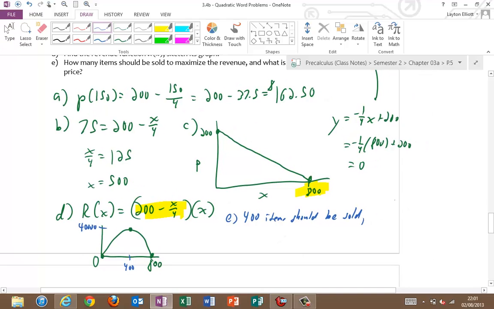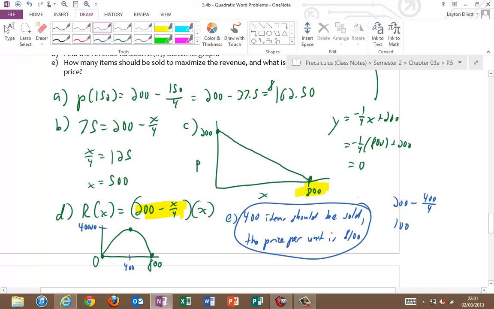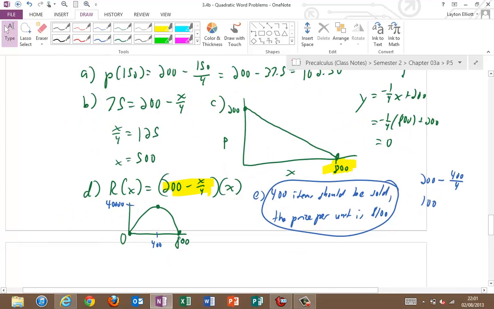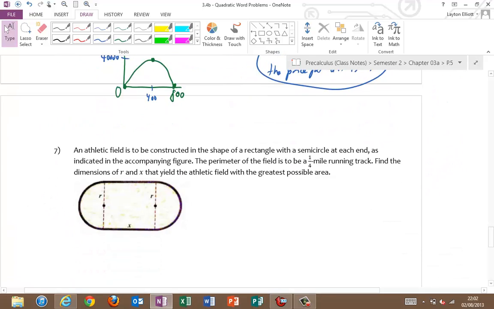That would be, to do this work over here, 200 minus 400 over 4 gives us 100. The price per unit is $100. So I use the revenue function to find the number of items, and then I use the price function to find out what the price would be.